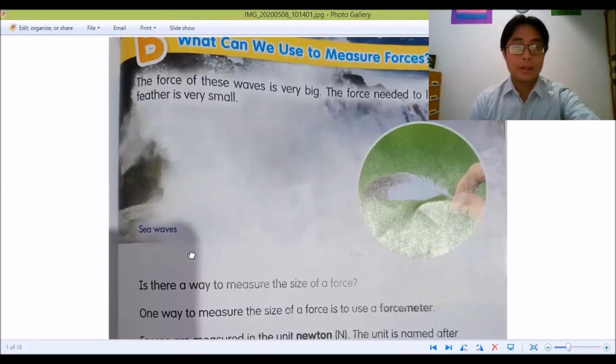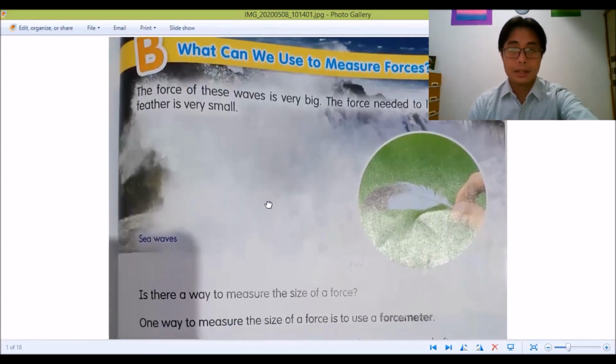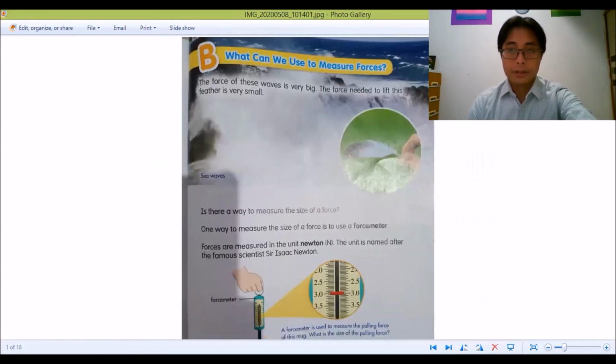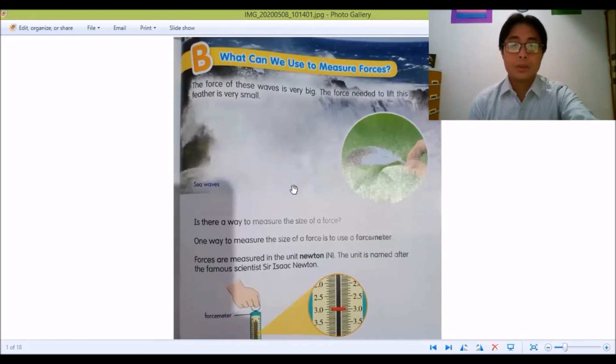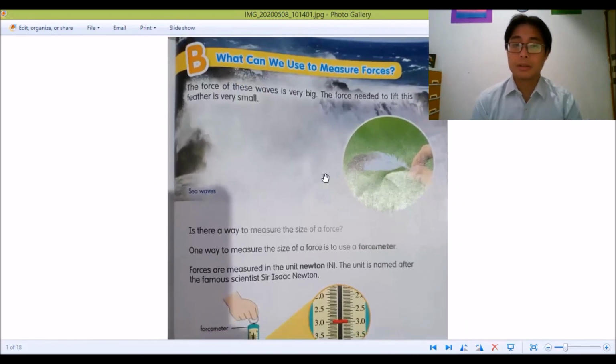we have sea waves and a feather. The force of these waves is very big compared to the force needed to lift this feather, which is very small.